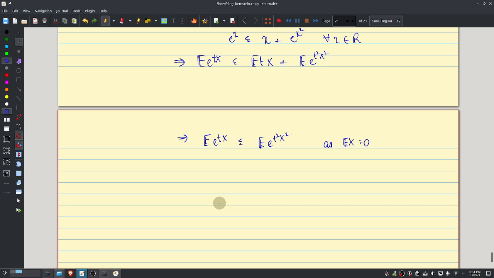But we already have a bound on expected value of e to the t square x square. I've shown that 1 through 4 are all equivalent to each other, so I can use any one of them. So what is a bound that we've shown?